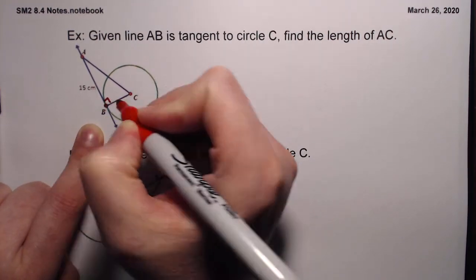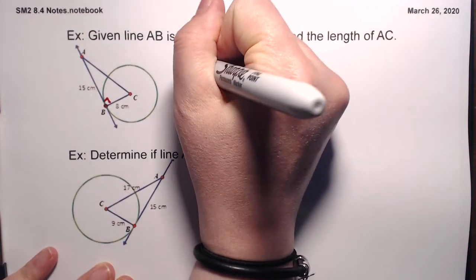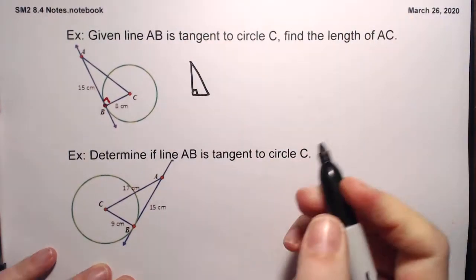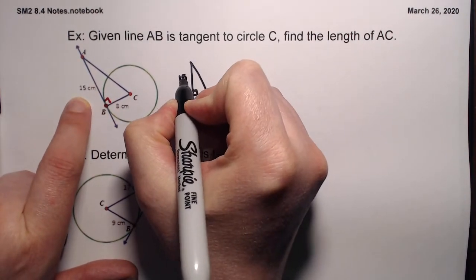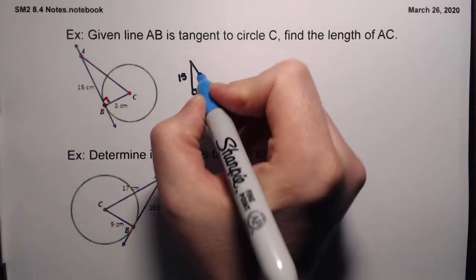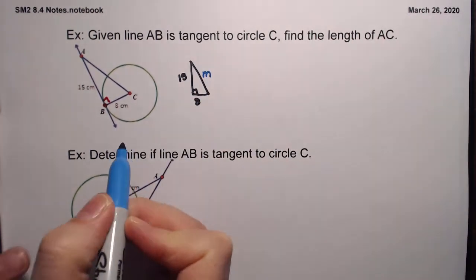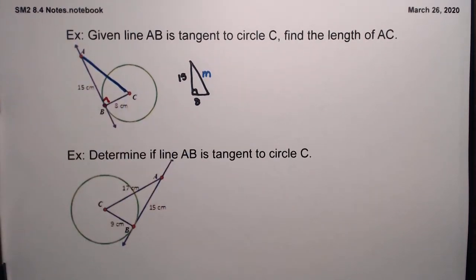This is a 90-degree angle. Well, if that's a 90-degree angle, I have a right triangle. I'm going to redraw the triangle, where this is 8 centimeters, this is 15 centimeters. So what I'm missing is the hypotenuse, and that is what we're trying to find. That's my AC right there.